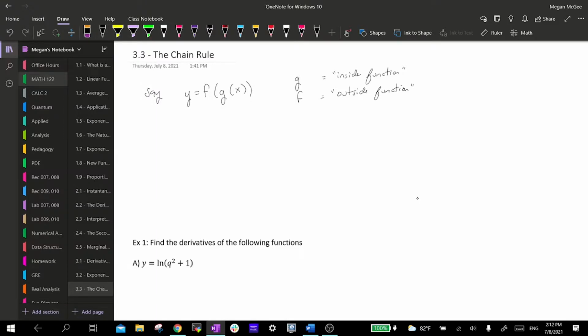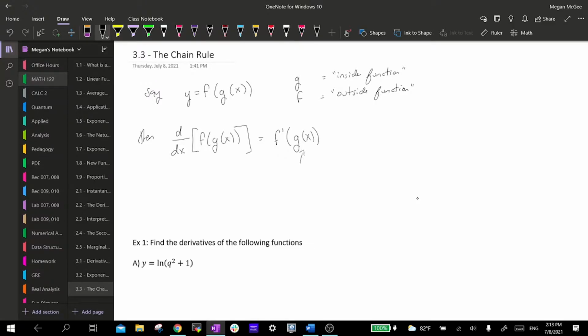So, if we have f of g of x, then our derivative with respect to x of f of g of x, well, this is going to be, first we're going to take the derivative of f, so we'll use function notation, so f prime, okay, but leave the inside alone.